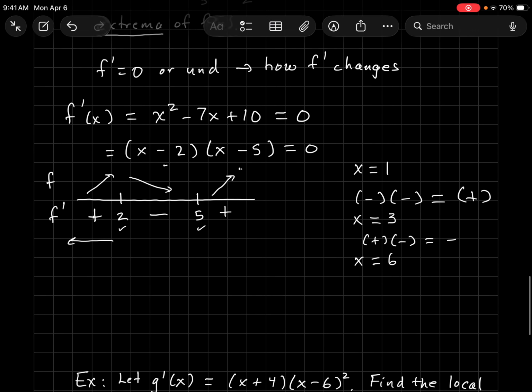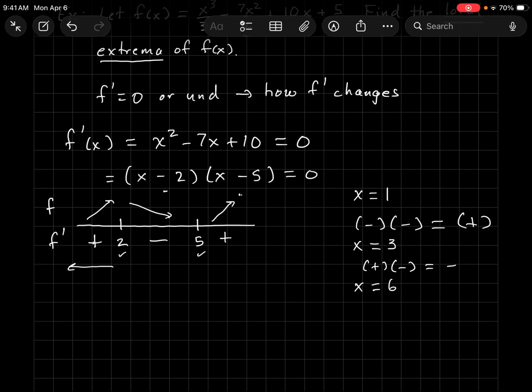And I certainly see up here that at x equals 2, f has a what? Well, a local maximum. Why? Because f prime is 0 and changes from positive to negative. My first derivative test.